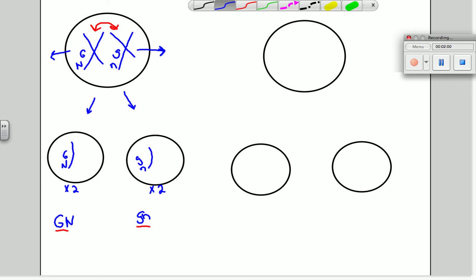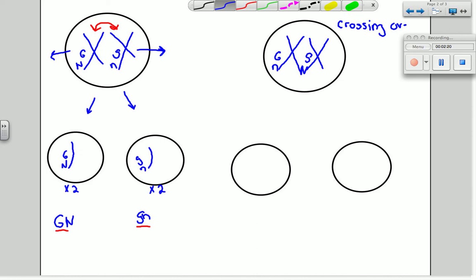All right, so now with crossing over, I'm going to show crossing over as happening between just the N genes, so that lowercase n gets paired with capital G and lowercase g gets paired with capital N. This is with crossing over. Now these homologous pair are still going to segregate.